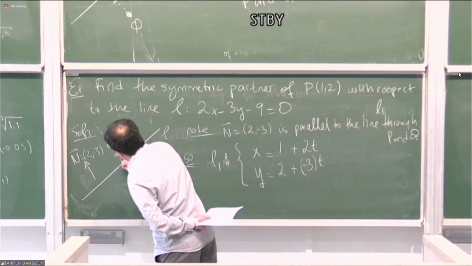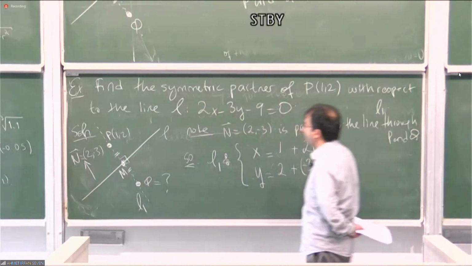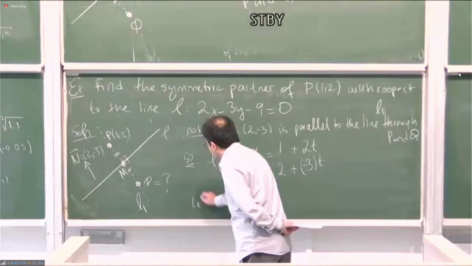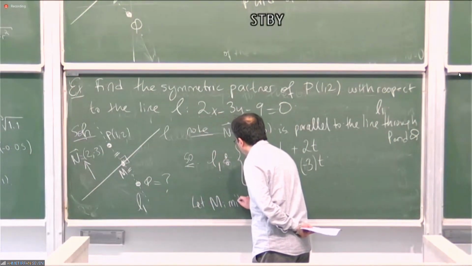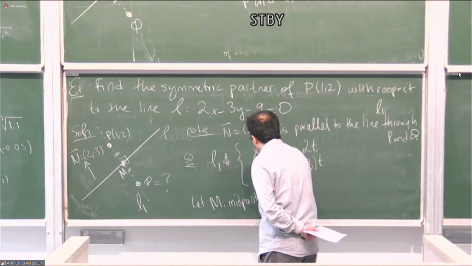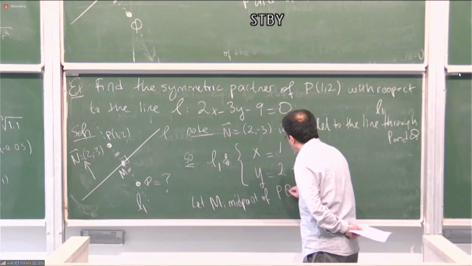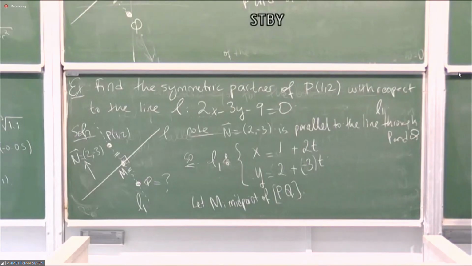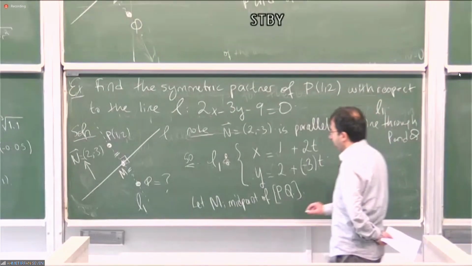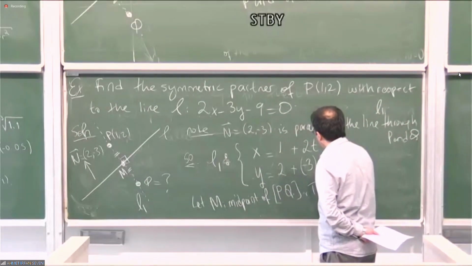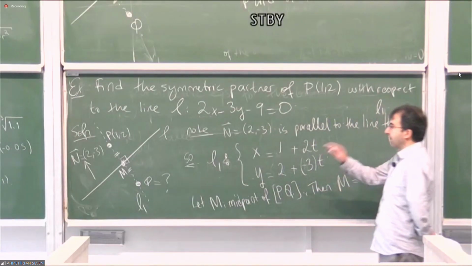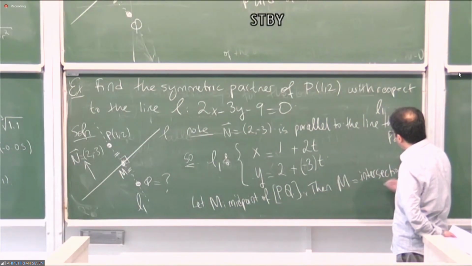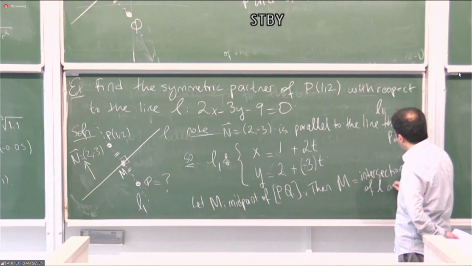Let's call this point M. Let M be the midpoint of the line segment PQ, which is this intersection point. This point M is also the intersection of L and L1.